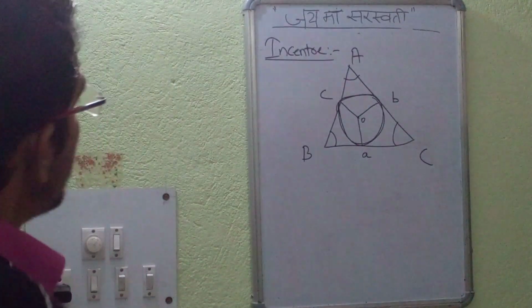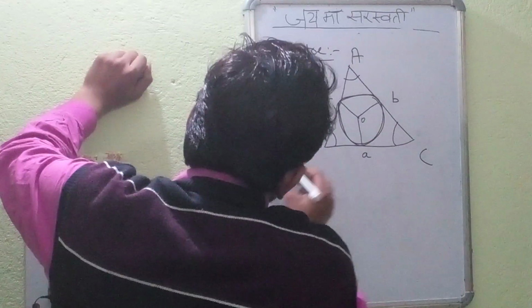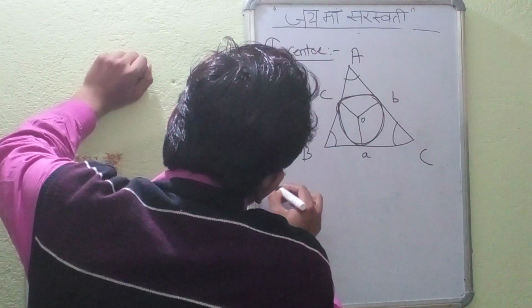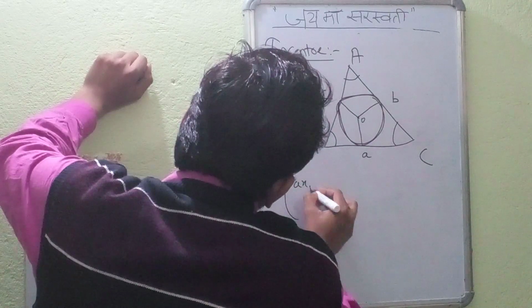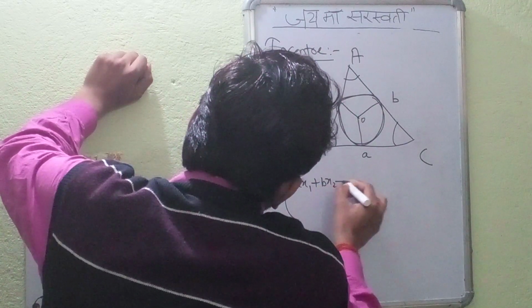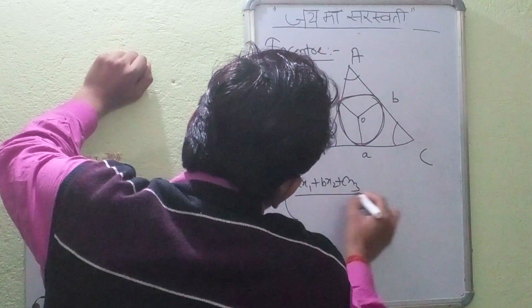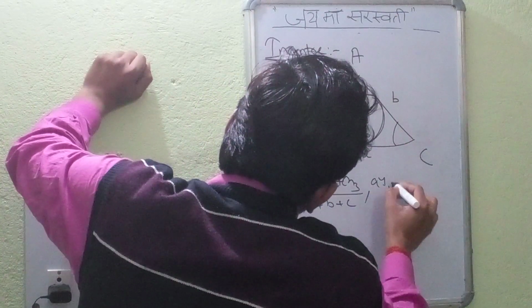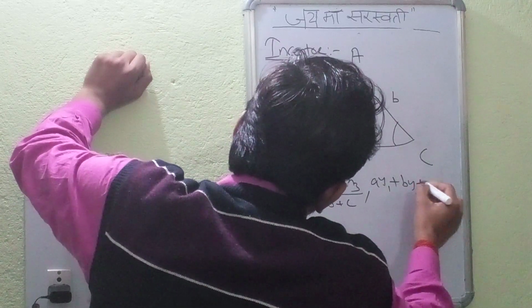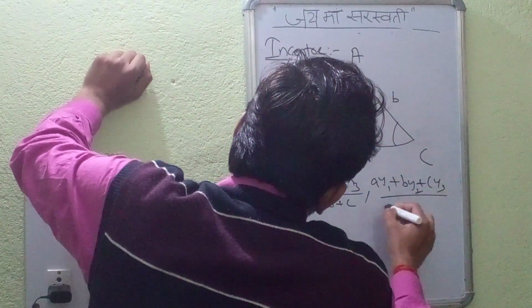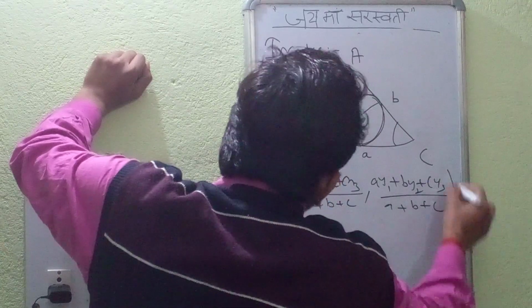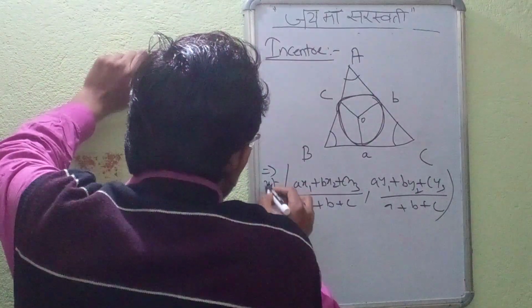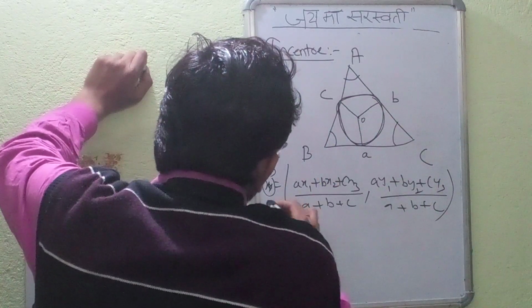So in this case, the coordinates of the incentre will be x is equal to (ax1 + bx2 + cx3) by (a + b + c) and y is equal to (ay1 + by2 + cy3) by (a + b + c). Understood? And this is the respective coordinates of the circle, this is the O, (x, y).